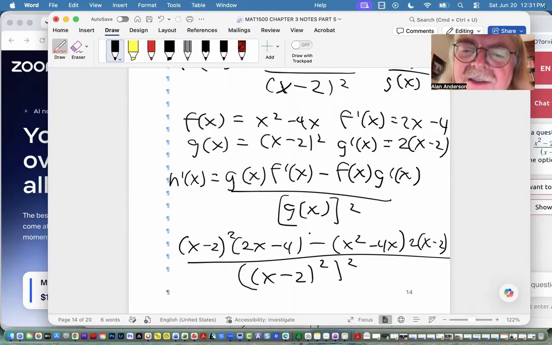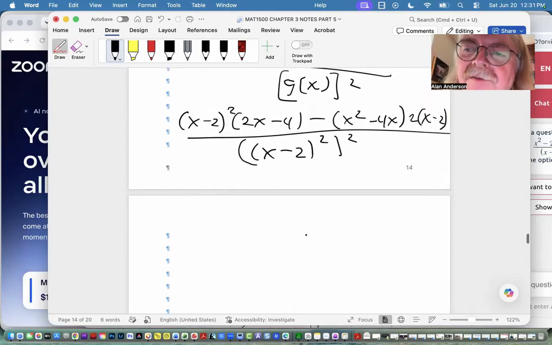And of course, then you would set this equal to zero and solve for the inflection points.